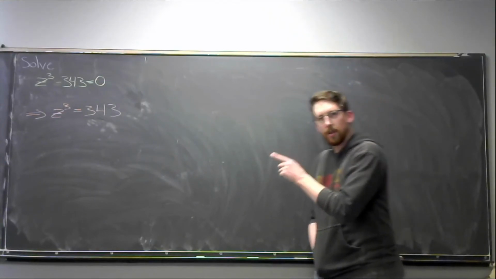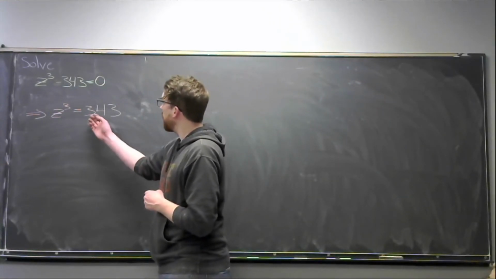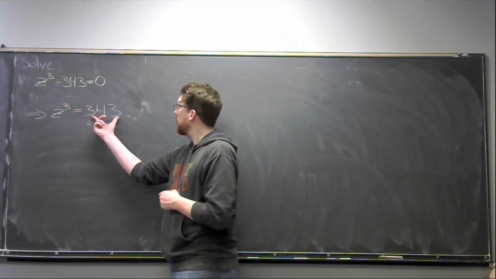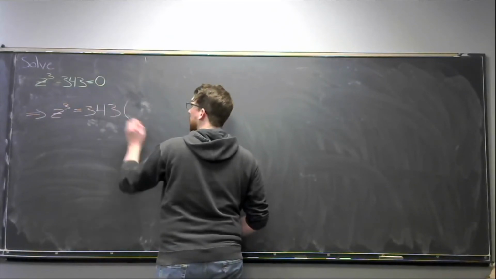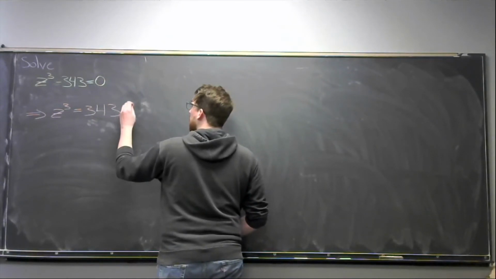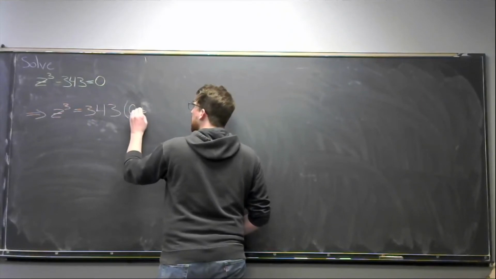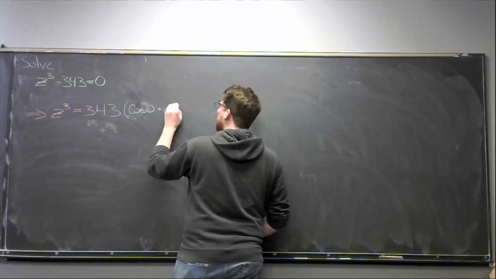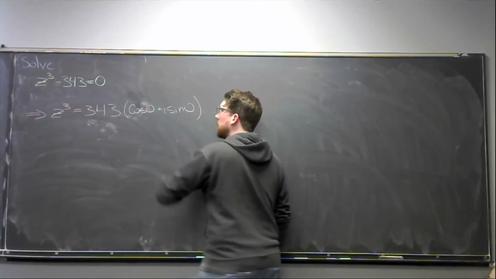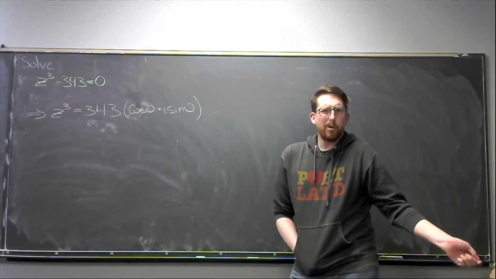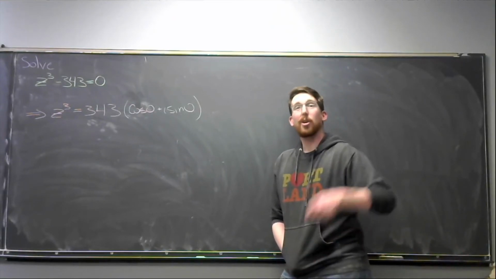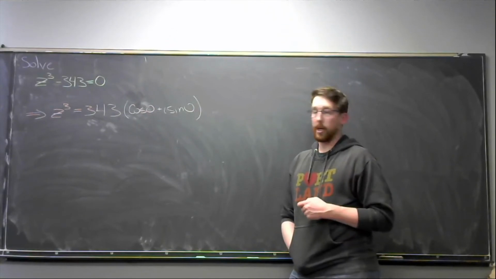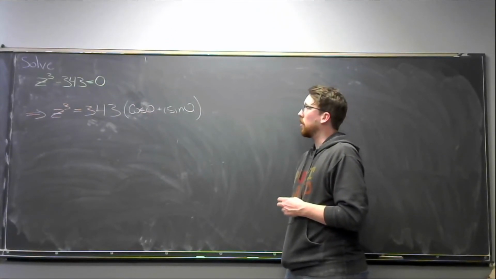But notice, if we look at this as our complex number, well, this is just 343 times cosine of 0 plus i sine of 0, right? Yeah, because it's just a real number, and it's a positive real number, so our angle has to be 0. Cool, okay. We're getting somewhere here.